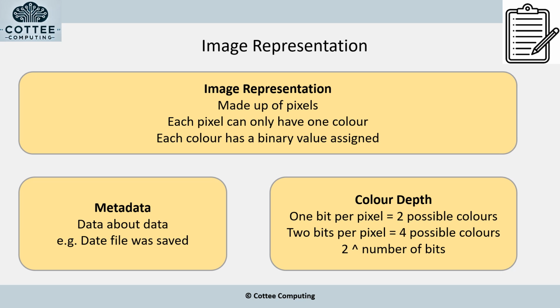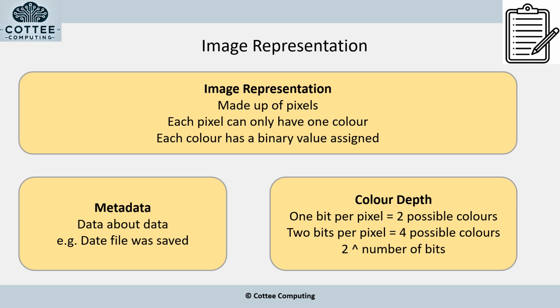Then you've got your colour depth. Colour depth is how many colours you can represent. The more bits you use to represent your colours, the more colours you can represent. So if you've got 1 bit, you've got the possibility of 0 or 1. That gives you 2 colours, so it can give you red and blue, for instance. If you had 2 bits, so 2 to the power of the number of bits, you have 4 colours.